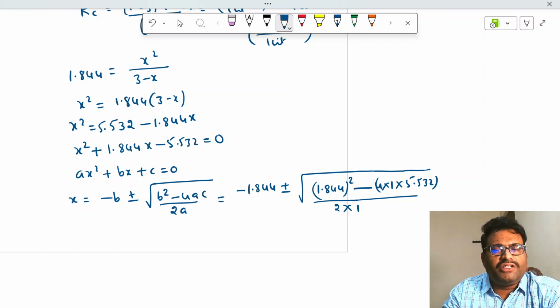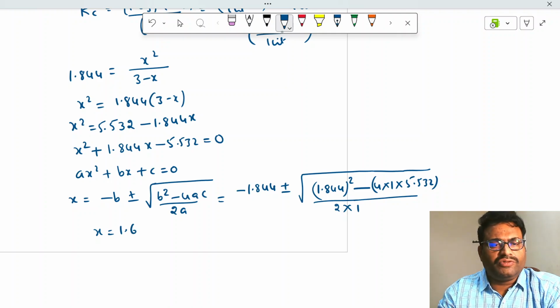So on substituting this, what do you get? X will be 1.6.